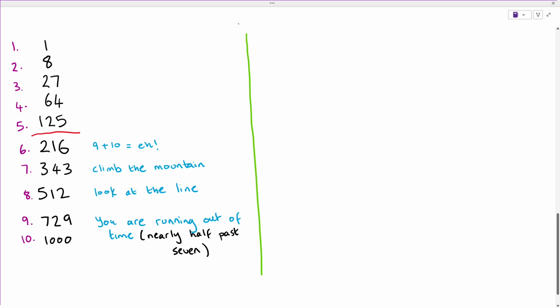Right, so let's continue this. 11 cubed, 12 cubed, 13 cubed, 14 cubed, and 15 cubed. 11 cubed, I remember it as Friday the 13th.